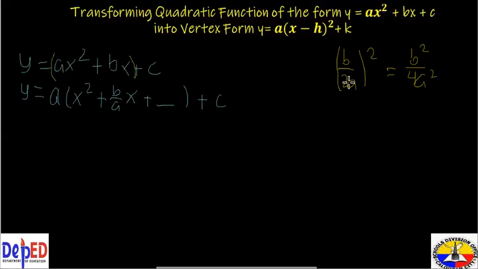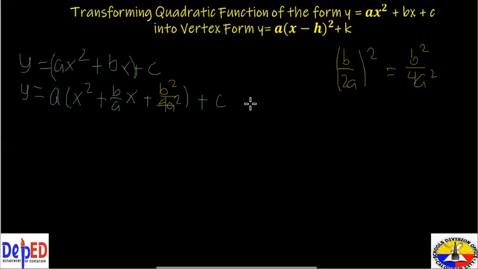Now be careful in this part. So we add b squared all over 4a squared. To maintain the same value of the function on the right side, since we add b squared over 4a squared, we have to subtract also.